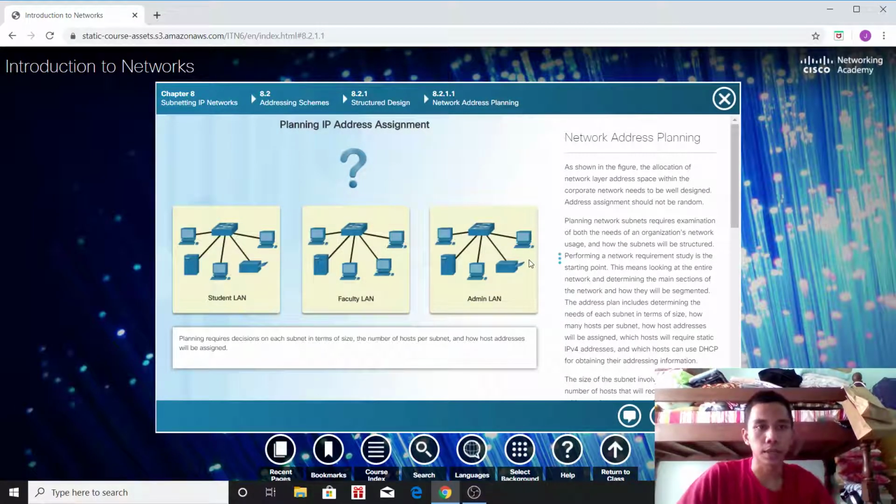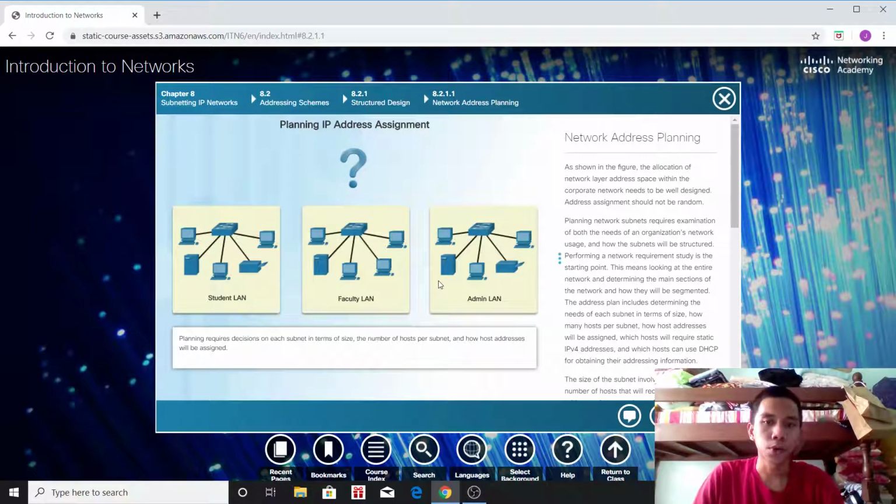Network address planning. Planning IP address assignment requires decisions on each subnet in terms of size, the number of hosts per subnet, and how host addresses will be assigned. Planning network subnets requires examination of both the needs of the organization's network usage and how the subnets will be structured.